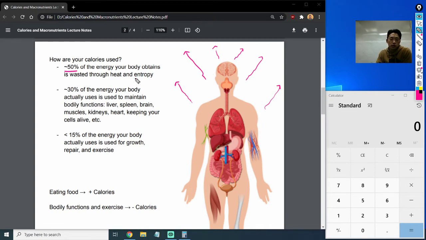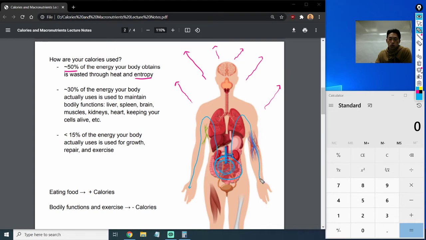And we also waste it through something called entropy. Now, entropy is just a fancy way of saying randomness or things breaking down. And so when we eat, our digestive system, typically our small intestines, takes the food that we eat, breaks it down, and absorbs it. The energy needs to travel throughout the body. We need to process that energy. That energy needs to travel to different parts of our body to be used.